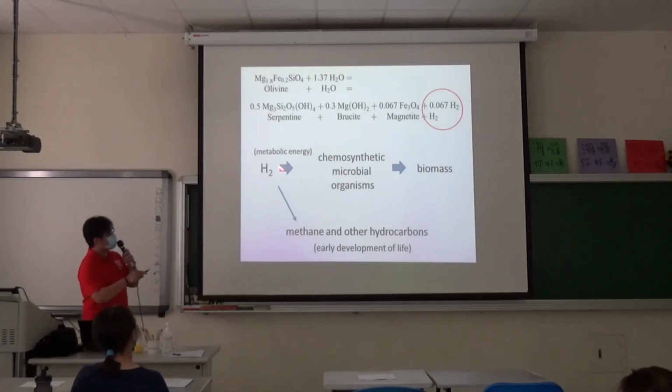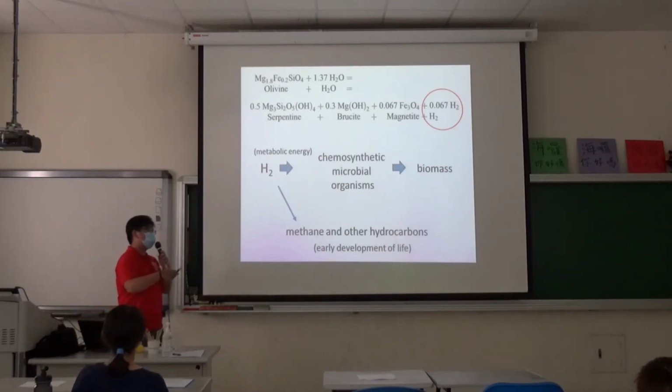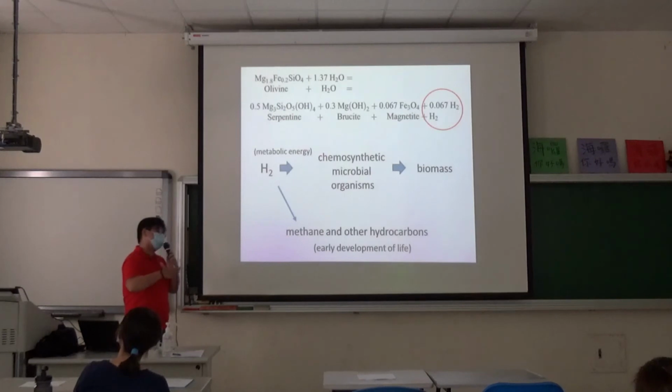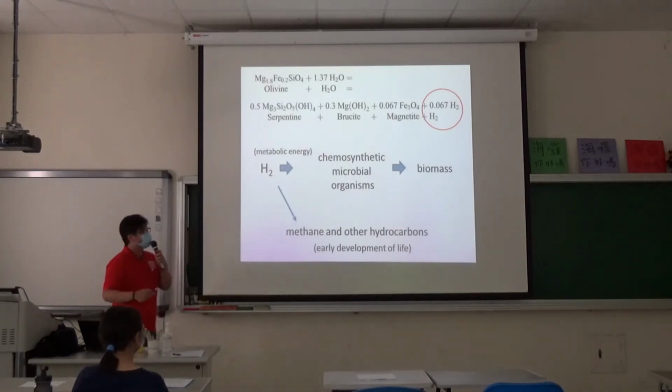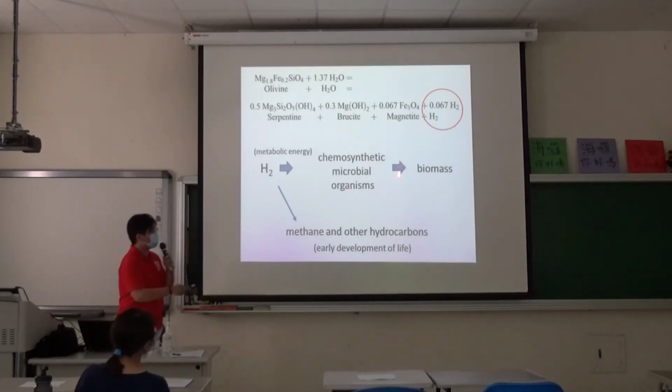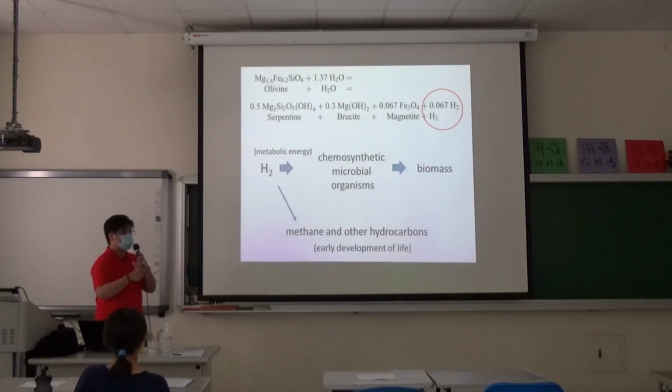They can use this hydrogen as a power to go through their life reaction. 新陈代谢，我忘记怎么讲。Metabolism. And thus, these organisms can produce biomass, and this is just like a primary production.